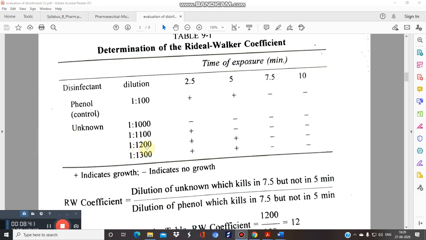Again 1:1200, when you dilute your disinfectant further, the bacteria will grow at 2.5 minutes exposure time, and it will grow again at 5 minutes. But after 7.5 minutes, it will start to die or show no growth. Again 1:1300, the bacteria will die at 7.5 minutes.